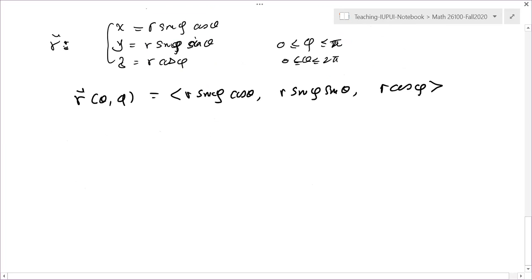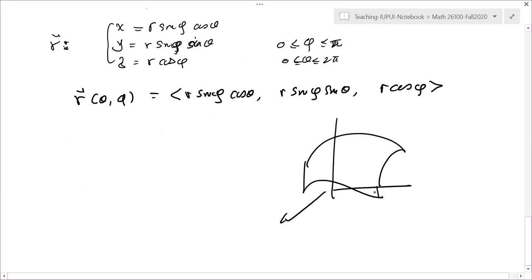In general, if you have a surface, our general notation here is uv.